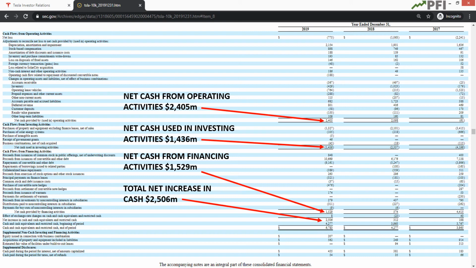Financing cash flows relate to cash inflows and outflows that are unrelated to the core operating assets of the business, and instead are related to the financing of the business. For example, cash associated with capital issuances, loans from financial institutions, etc. Overall, this should allow investors to determine how the business is managing its cash level, and whether or not the core operations of the business are generating cash flow.